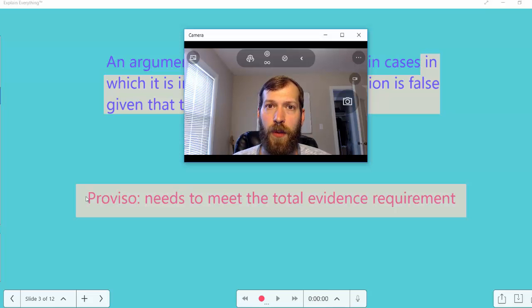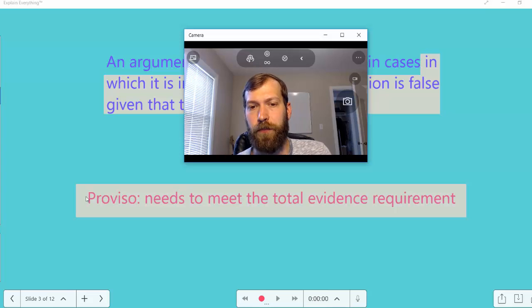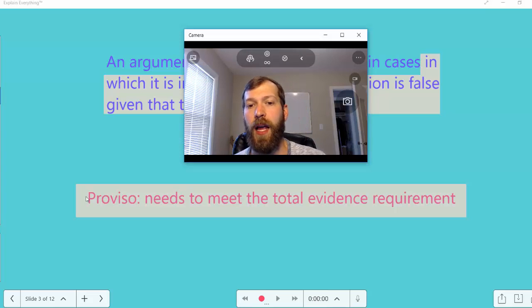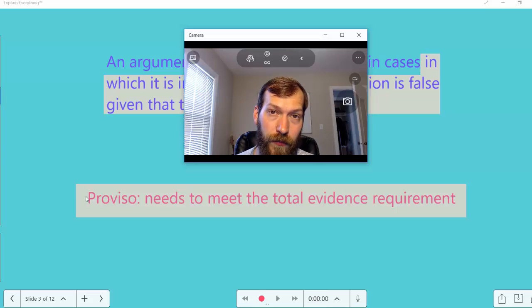But being that we are limited beings and we can't know everything, then we have to ascribe probability given the information that we do have available to us. And we can make arguments look strong if we leave out information in the premises of an argument that we give. So let's consider an example.